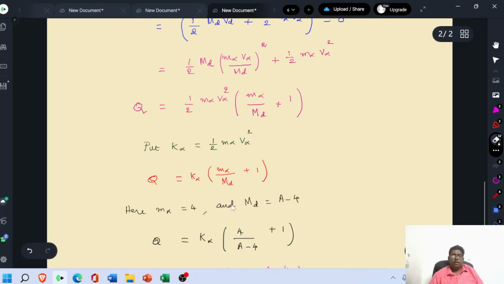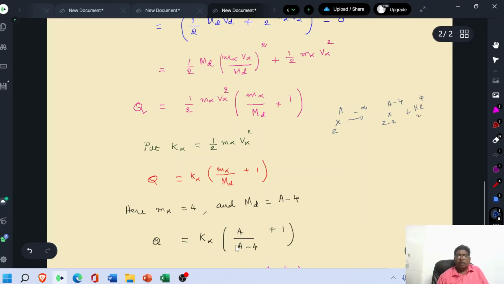Here this MD is A minus 4 because in this reaction X with mass number A, after emitting an alpha particle, we get X with Z minus 2 and A minus 4, plus an alpha particle.